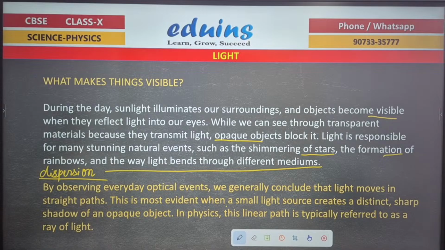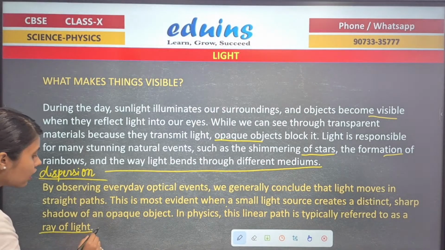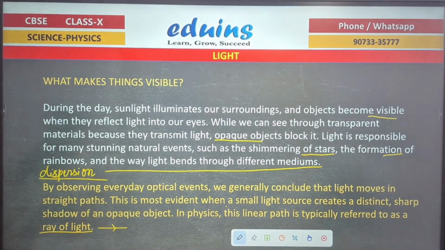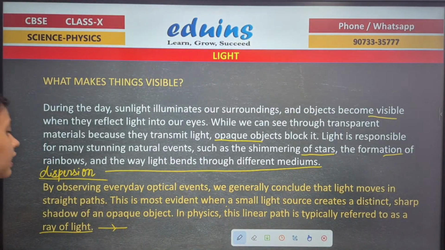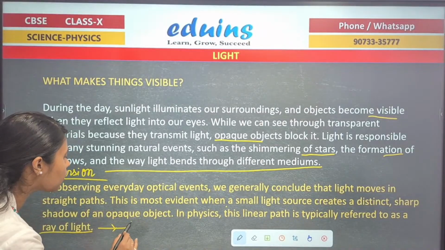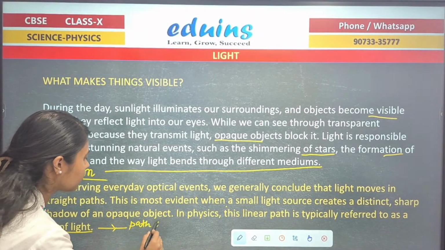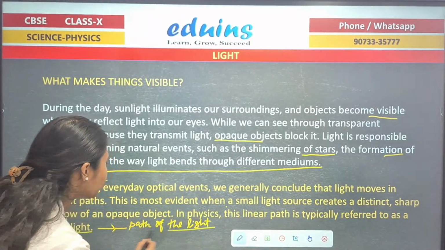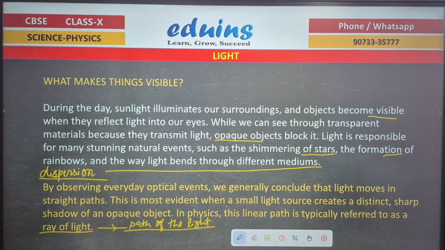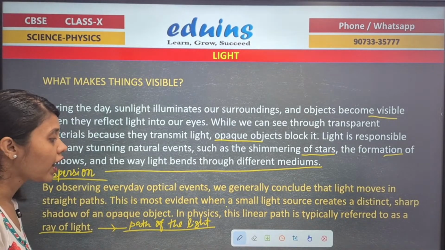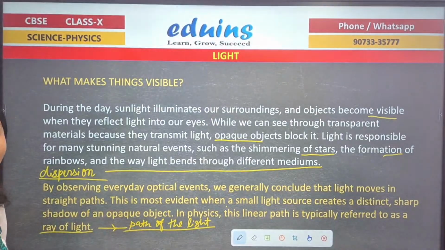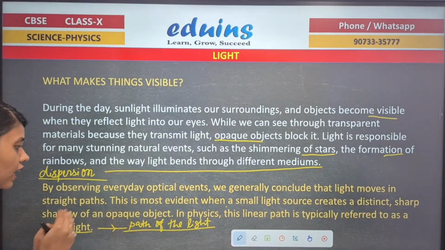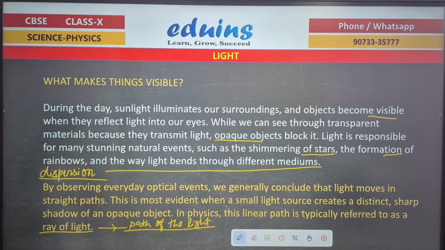The ray of light is an imaginary arrow that describes the path of the light. So where the light ray is incident, and where it bends or refracts, that is the ray diagram of light.